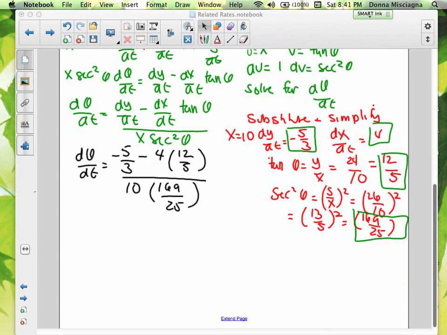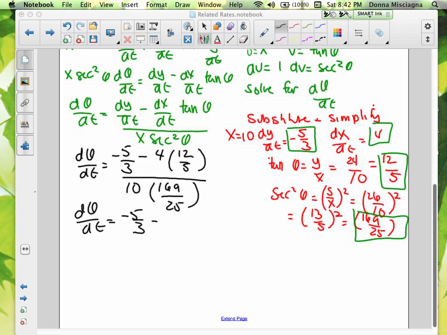Now let's simplify that. d theta dt is negative 5/3 minus 48/5, all over, that'll reduce a little bit, 338 fifths.